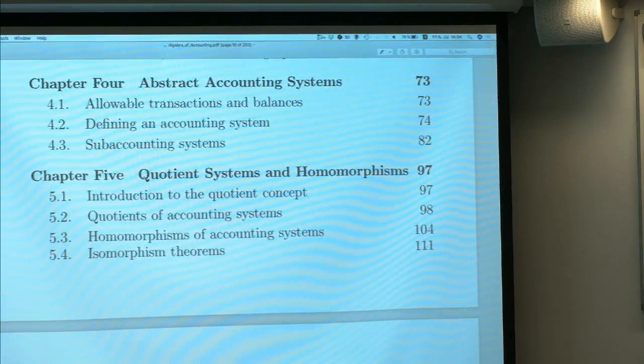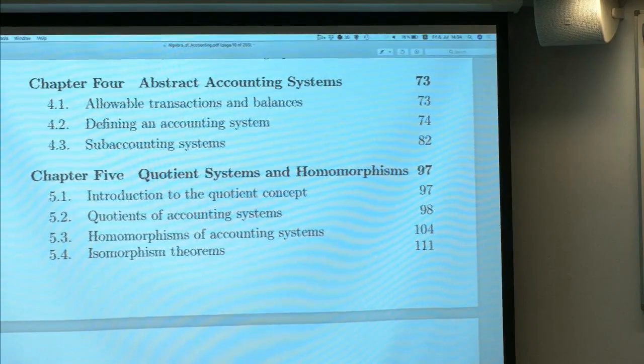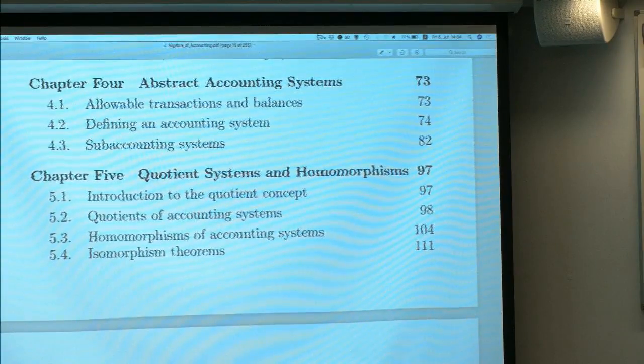And then there are two subsets of these balance vectors. We think of these as the allowed states, and these as the allowed transactions. And maybe sometimes you have an initial state as well if you want.